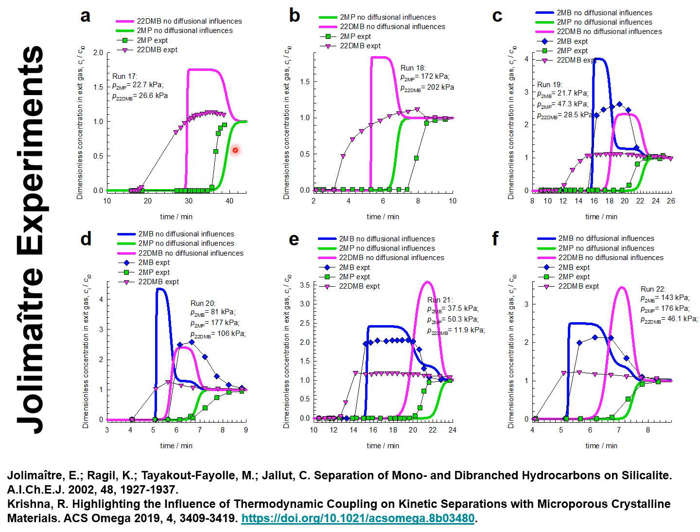The continuous solid lines are the breakthrough simulations ignoring diffusional influences, and we note that the match is poor because diffusional influences are strong. Diffusional influences make 2,2-dimethylbutane elute the adsorber earlier than anticipated by a model that ignores intracrystalline diffusional influences.